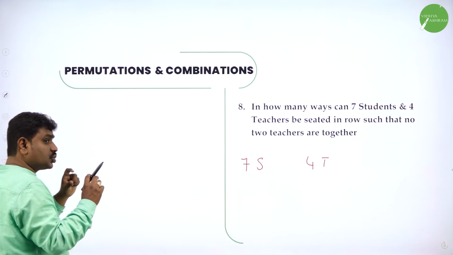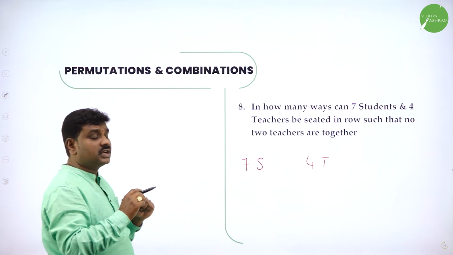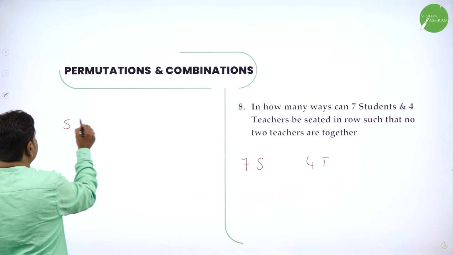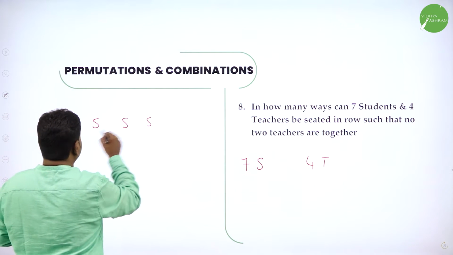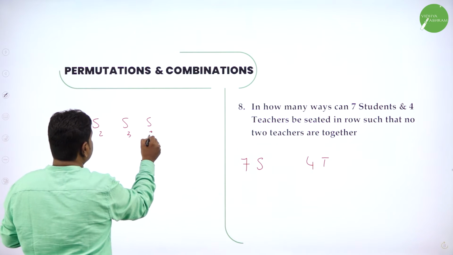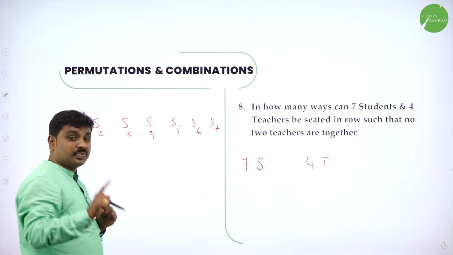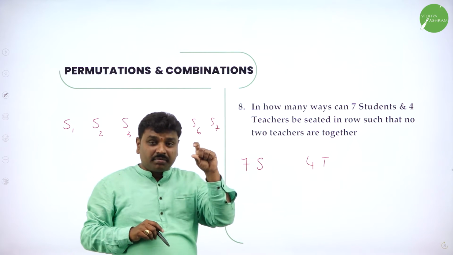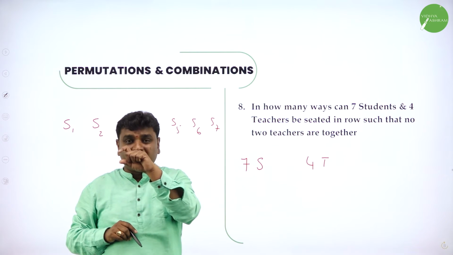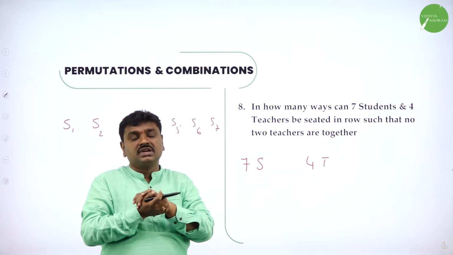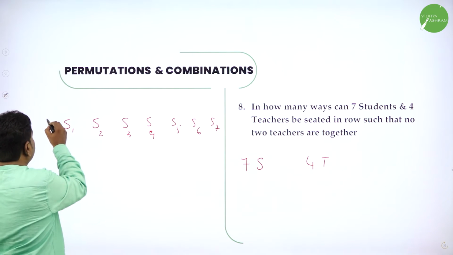So teachers should occupy alternate places. The teachers should be placed between students. 7 students are there: S1, S2, S3, S4, S5, S6, S7. For n things in a row, there will be n plus 1 alternate places. So now I have 7 students, so 8 alternate places.